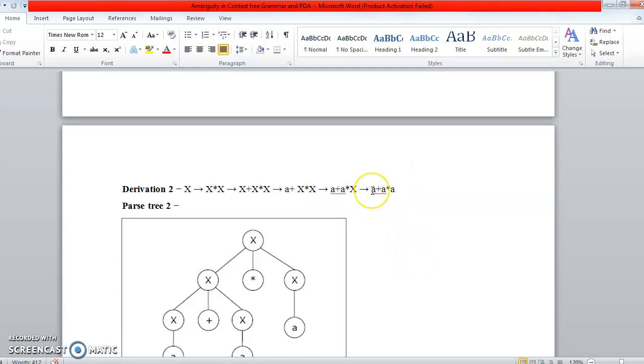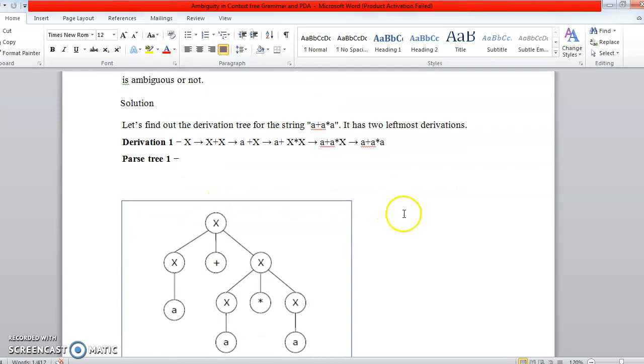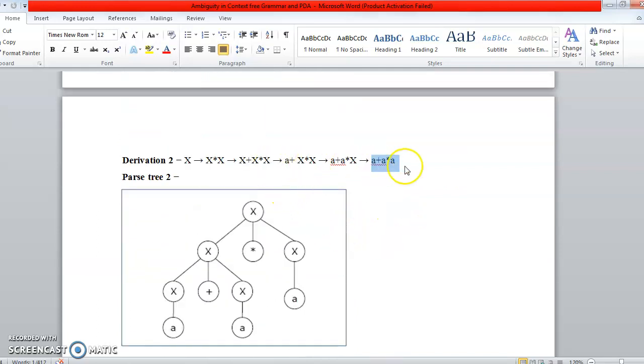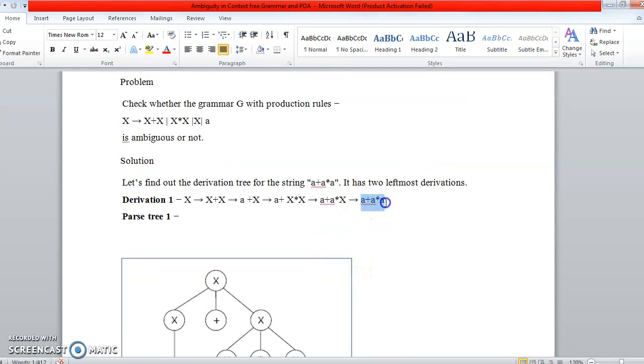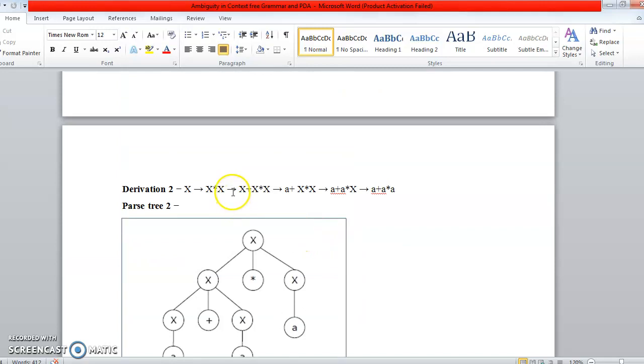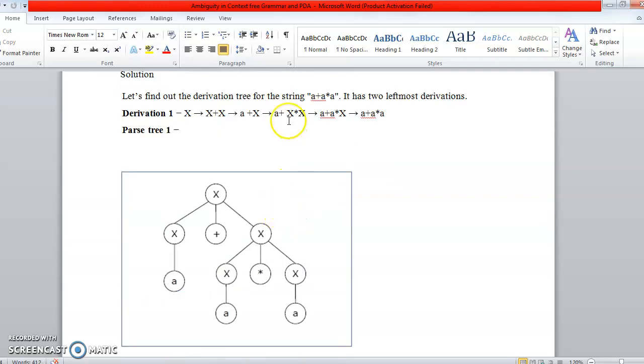So here also I obtain this string. Now this is a left derivation, and this is also a left derivation, but to have the particular string, the left derivation technique here is different from the one I have used here, and the structures of both methods are like this.